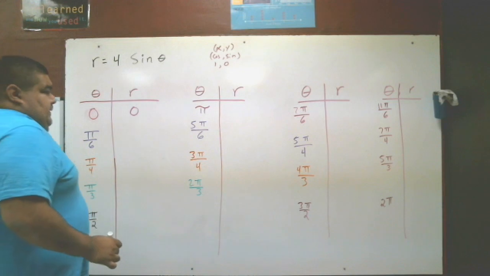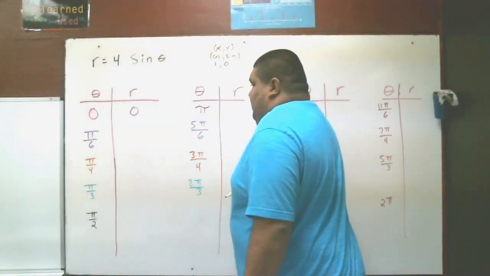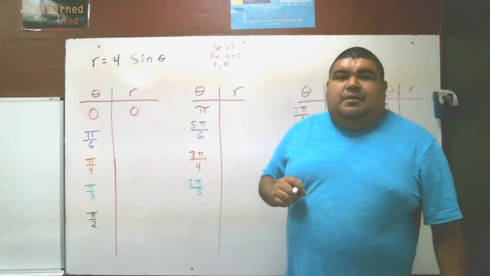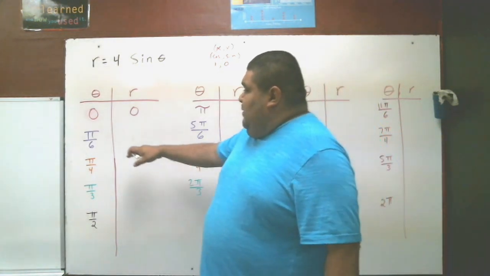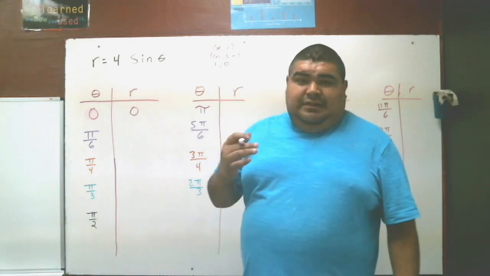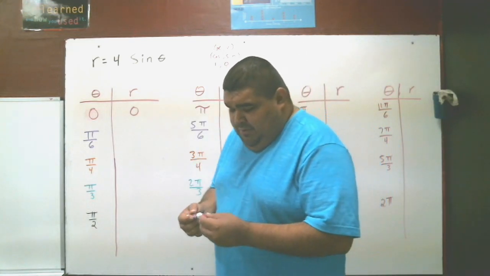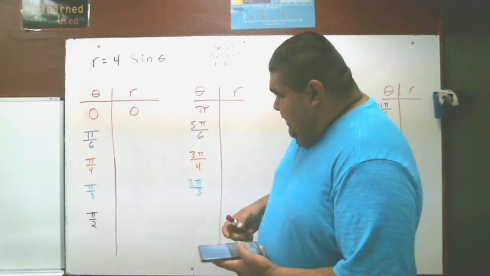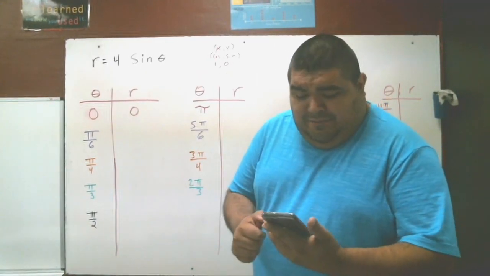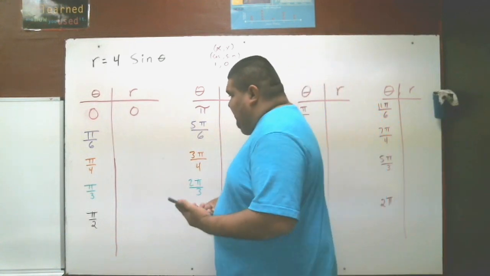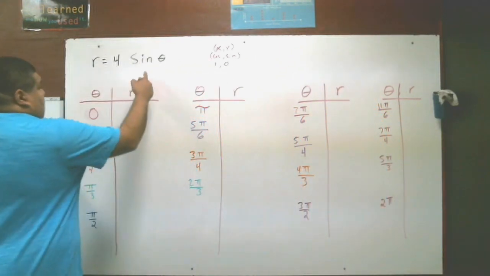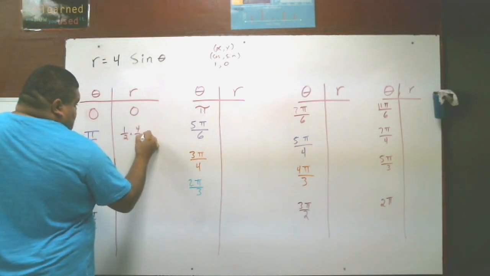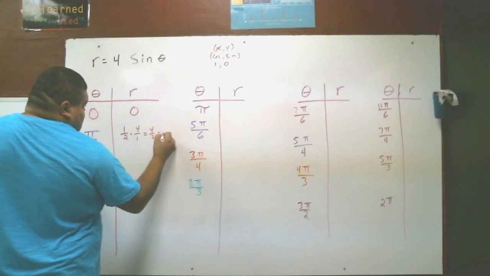Now we're going to look at pi over 6. Our sine on pi over 6, if you guys remember, is 1/2, if I'm not mistaken, which it is. So we have pi over 6, which is 1/2. 1/2 times 4 over 1 is 4 over 2, which is 2.